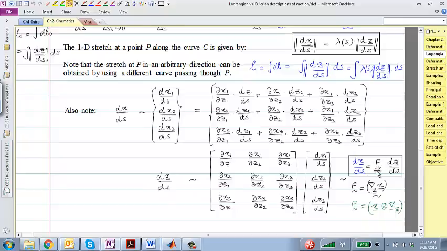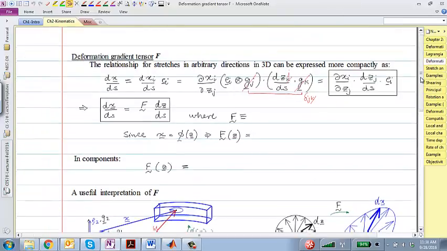So F is a tensor that takes undeformed tangent vectors to deformed tangent vectors. Just like any other tensor, a tensor acts on a vector to give me another vector. This particular tensor, a very important tensor, acts on any undeformed tangent vector and gives you the corresponding deformed tangent vector.